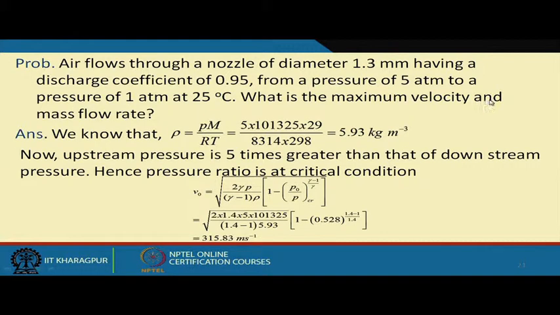What is the maximum velocity and maximum mass flow rate, right?